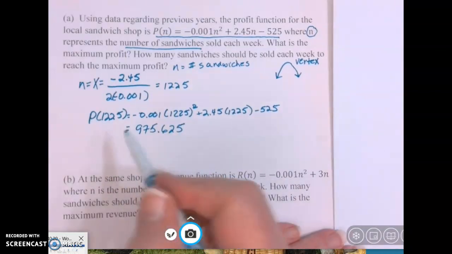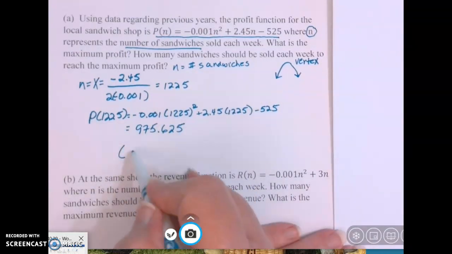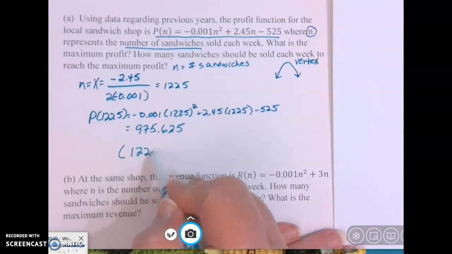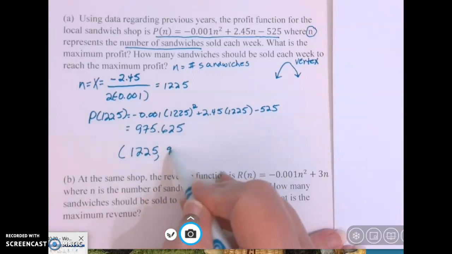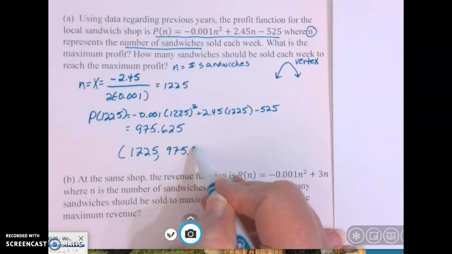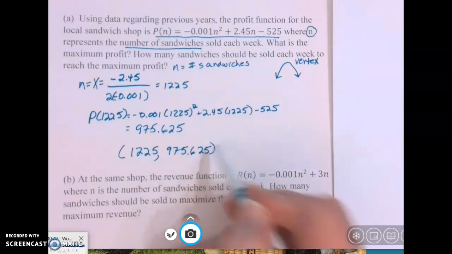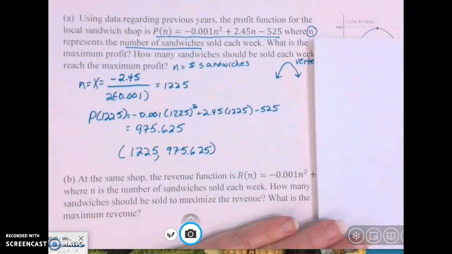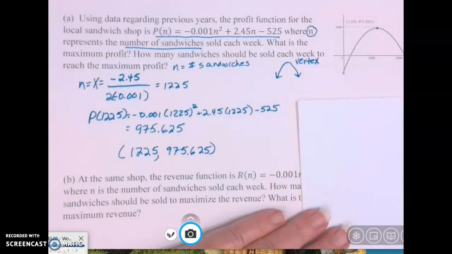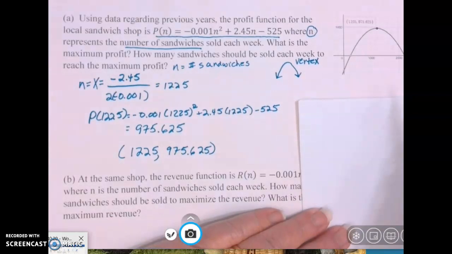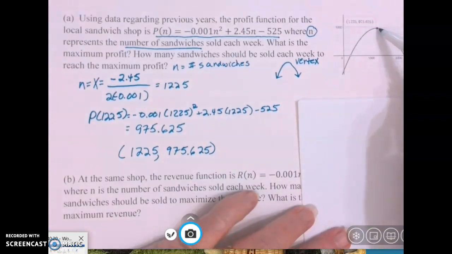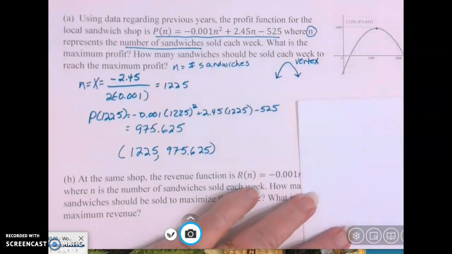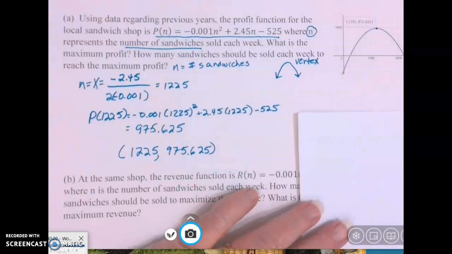So I have found the vertex, and it is 1225 and 975.625. And I put it in Desmos for you. Let me uncover that so you can see the graph. It's a tiny little graph, but this point, which is our vertex, is the same numbers that I have here.